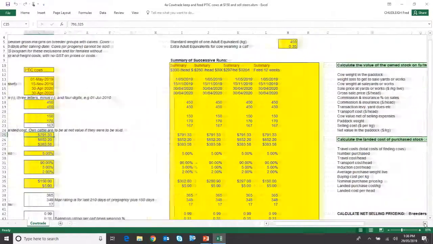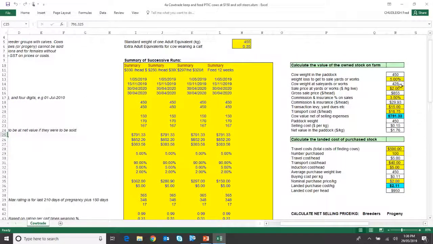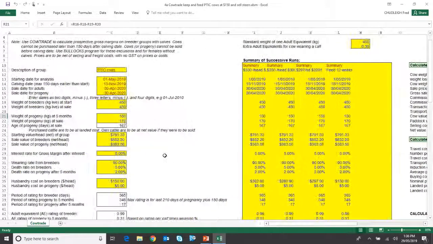That's the same calculation as we did before, where we had to take them to the sale yards and reduce our selling costs, and we came back with 791.33. And then at the end of the period, we value the cow and the calf unit as what they will be worth on 30th April 2020 to either purchase back or sell, or what they're going to be worth to us in the paddock, and we put those in there.